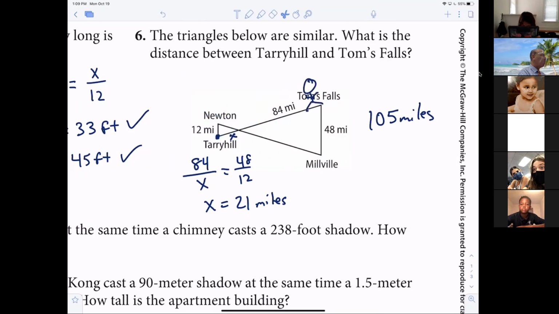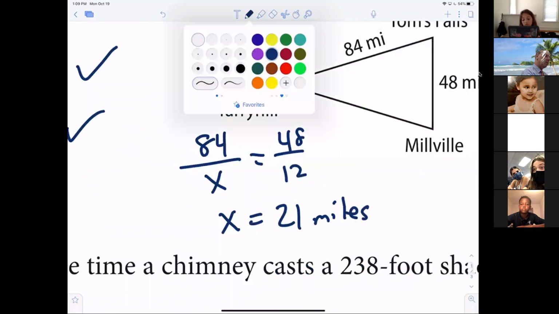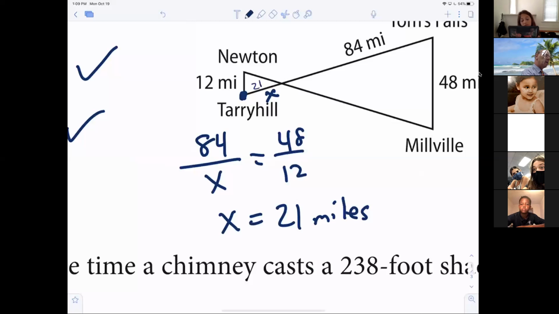I'm walking all the way over here. 105. I'm confused. I did the X equals 21. This is 21 right here. Come on, listen to me. This right here is 21. Slow down there, cowboy. You with me on that now or not? Sure.